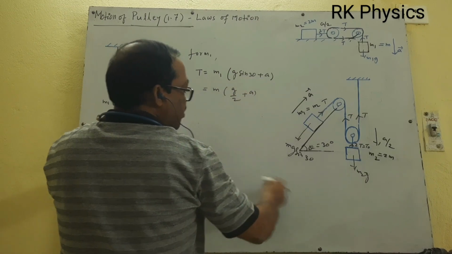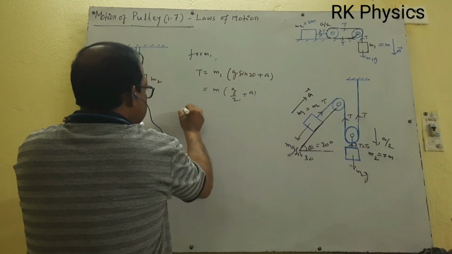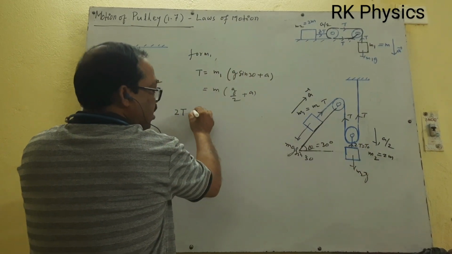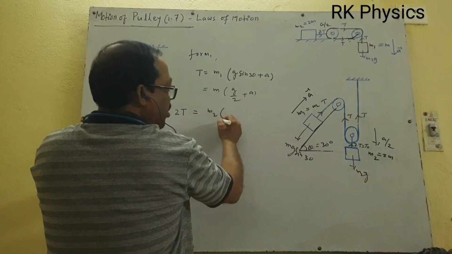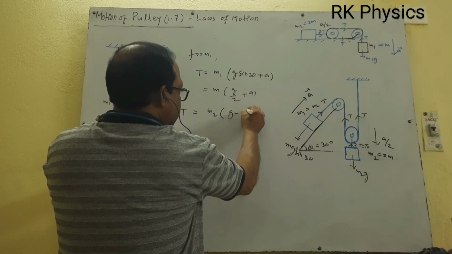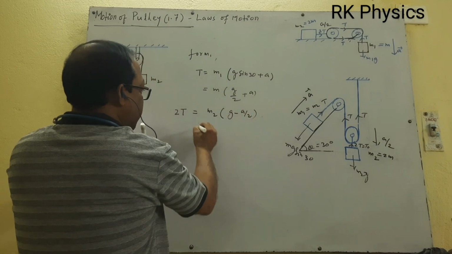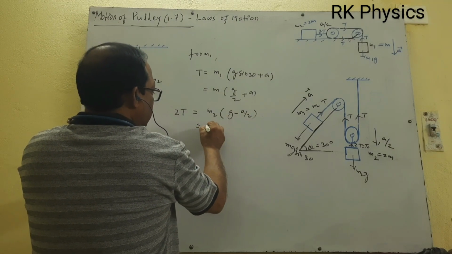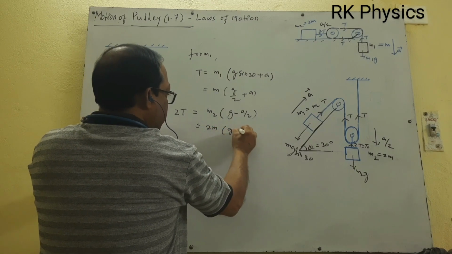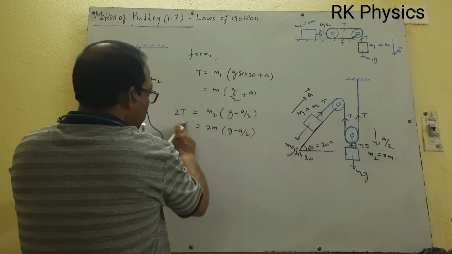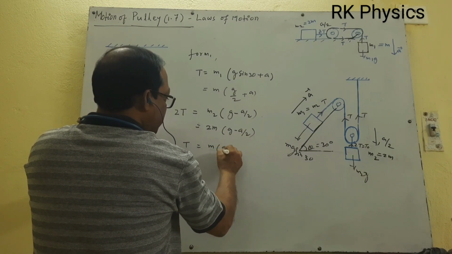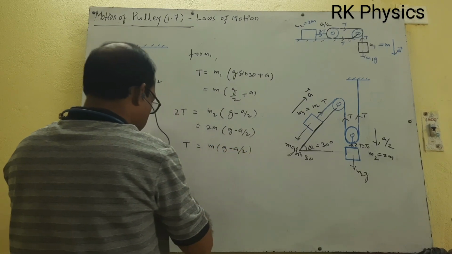Similarly M2 is moving down, so 2T equal to M2 into (g minus A by 2), that is 2M into (g minus A by 2). 2 gets cancelled, therefore T equal to M into (g minus A by 2).